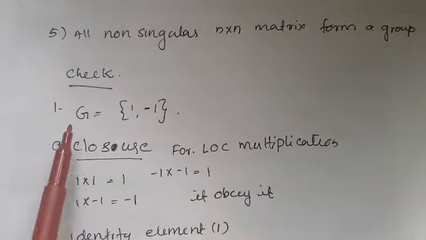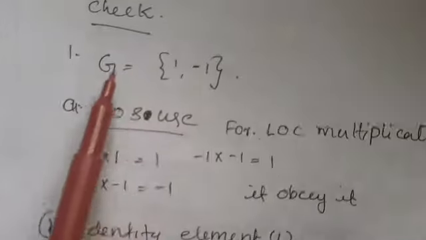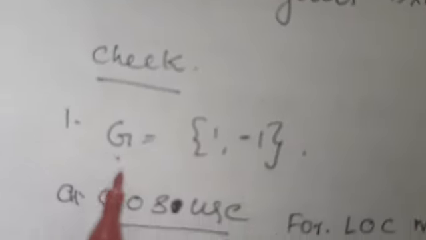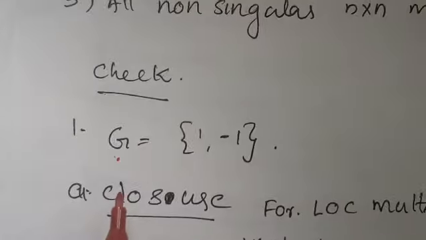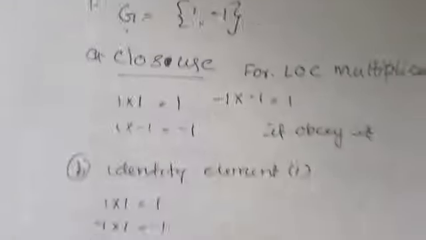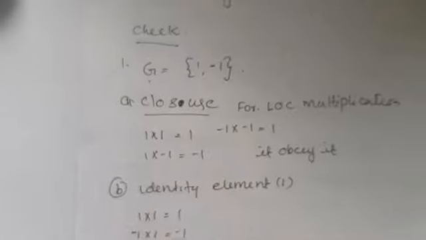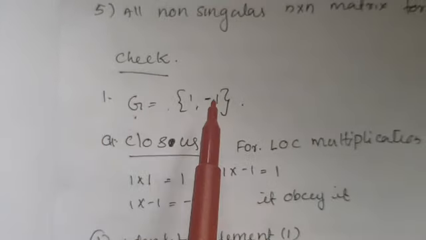Let us check it. So G is a group. If it is a group, it should obey 4 properties: closure property, identity property, inverse property, and associative property. It should obey all these properties if it is a group.